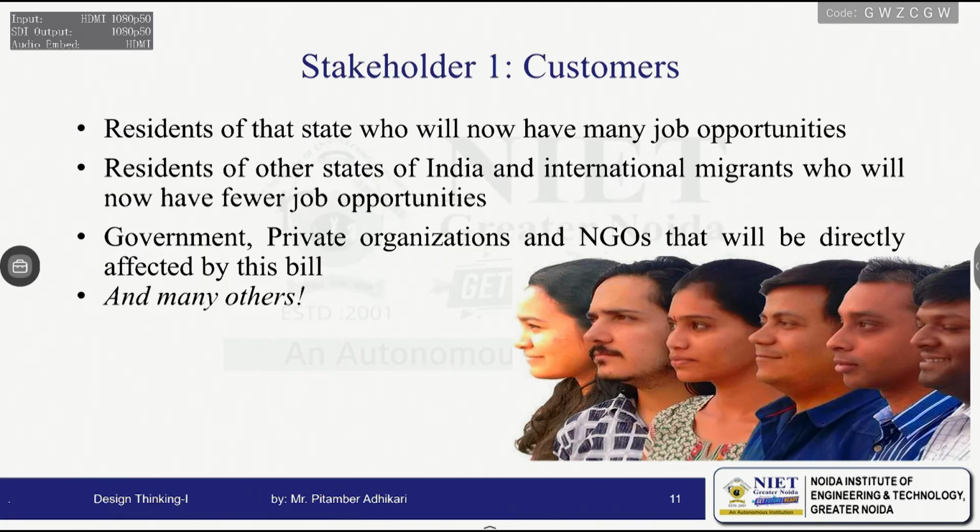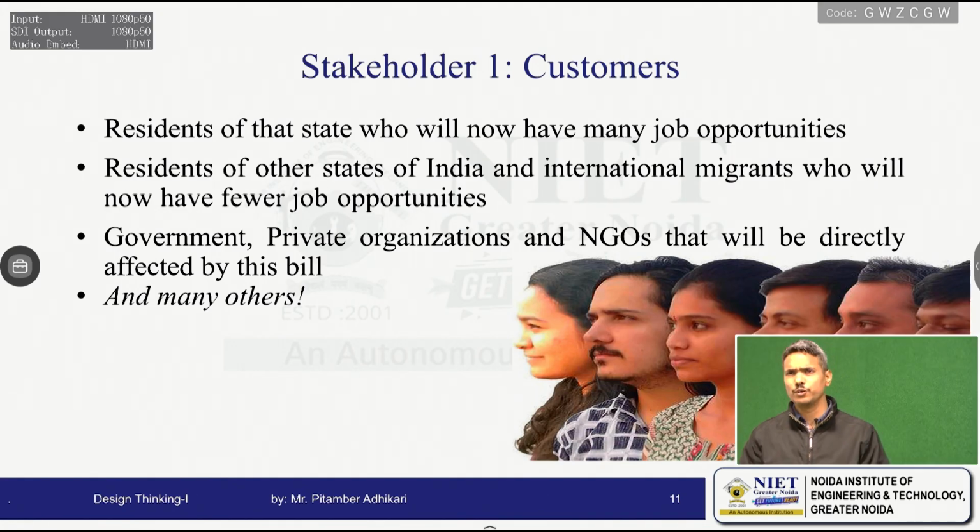So they will also come under the category of customer, because they will be directly affected by this law. Other than these people, we have government, private organizations, and different NGOs, which will be directly affected by this bill or law, because the whole composition of their teams is going to change after this law is passed.